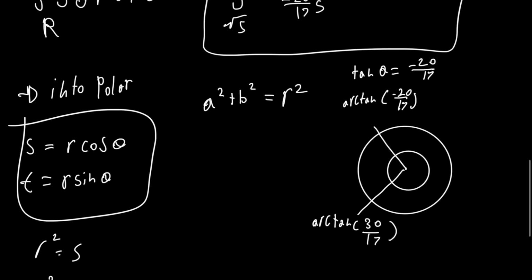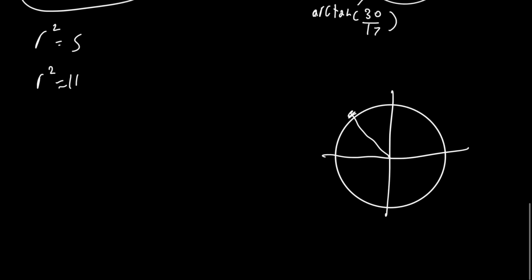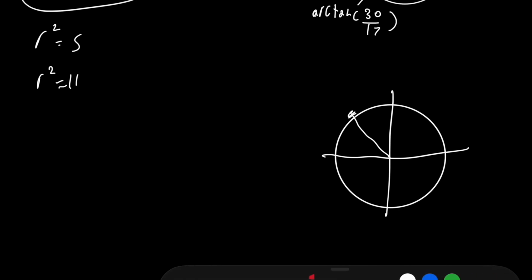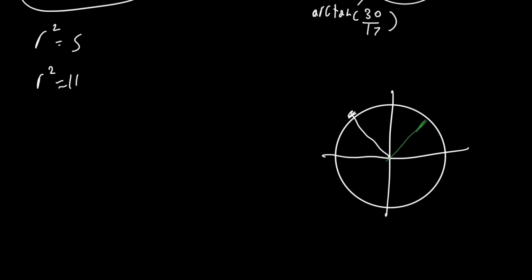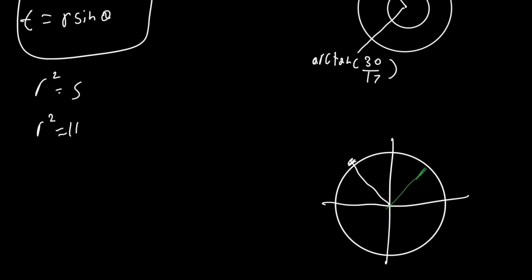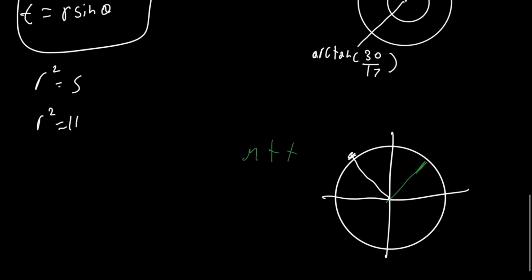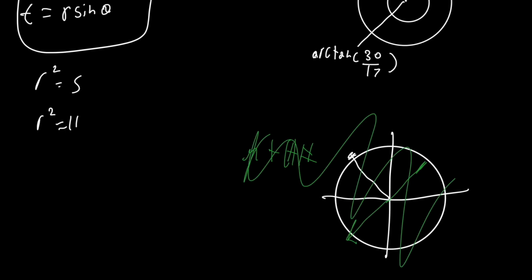Here, arctan 30 over 17 is actually somewhere over here. But we want the third quadrant. So pi plus this arctan, this positive number, would put it exactly where I need it, right here. So I'm going to remember it.